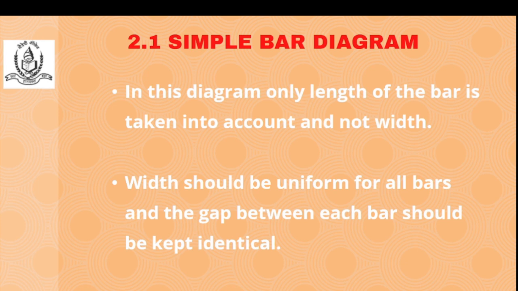Now again, the two important points that are very crucial in drawing a simple bar diagram: first, only the length of the bars should vary, and the length of the bar should be in proportion to the value of the observation for each category of data recorded. The width of the bar should not vary. The width of each bar should be kept constant throughout the diagram. Also, the gap between the consecutive bars should be uniform or identical throughout the diagram.